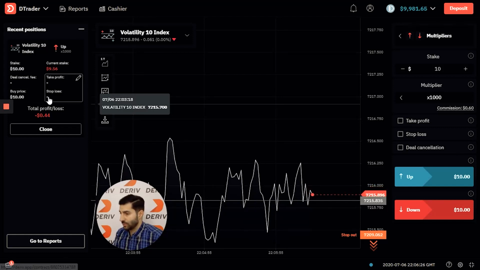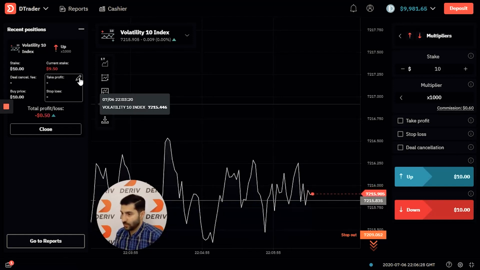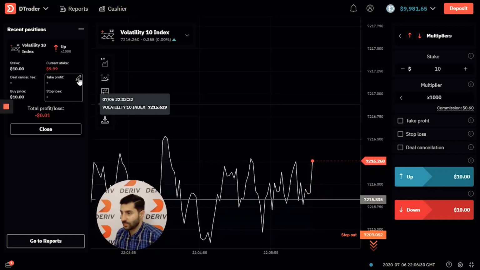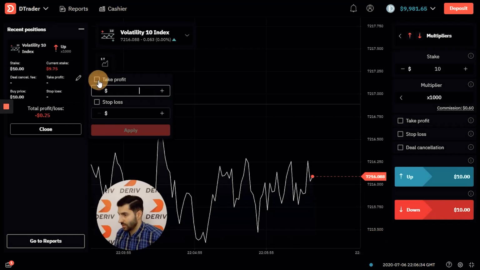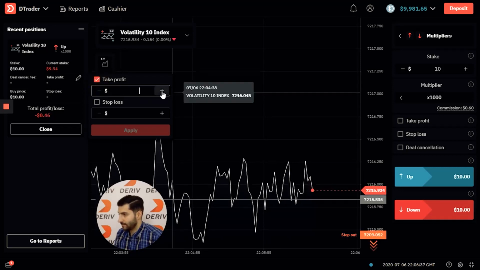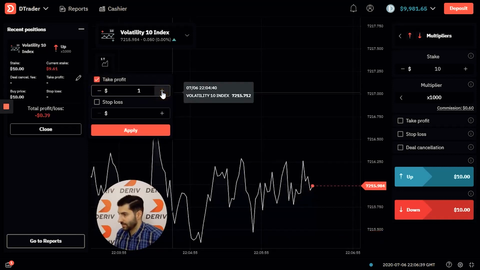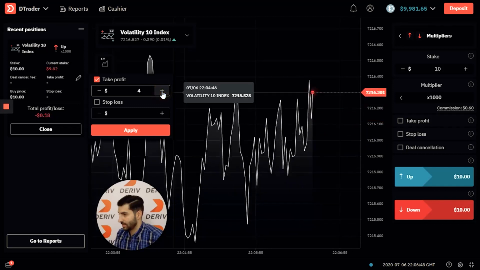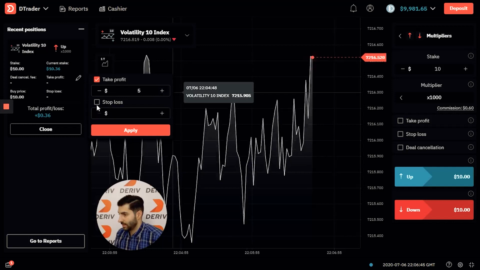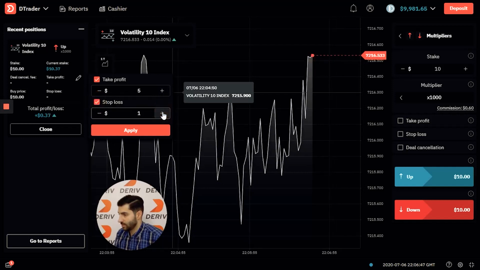I started the contract without any features turned on, but let's say I wanted to leave my PC, or let's say I want to take the whole emotional factor out of this. I can now still add in a take profit limit, and I can do the same with a stop loss.